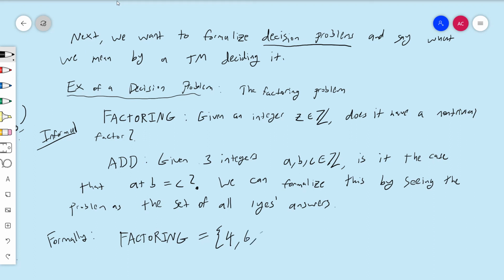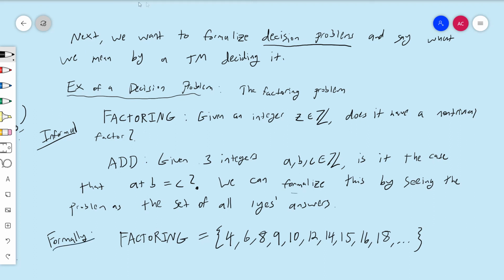Then 6, 7, 8, 9, 10, 12, 14, 15, 16, 18, and so forth. This is the factoring problem as a set. Now, it's a set of numbers, but remember, when I was talking about Turing machines, I was talking about strings. So this is the formal way to define the factoring problem.